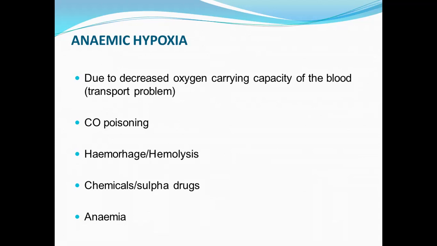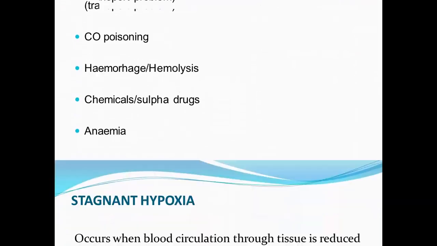This can be seen in carbon monoxide poisoning, hemorrhages or hemolysis, different types of anemias, or sometimes as an effect of chemicals or sulfa drugs. The pressure is normal, but the oxygen carrying capacity of the blood is abnormal, so the oxygen reaching the tissues is reduced, and that creates anemic hypoxia.